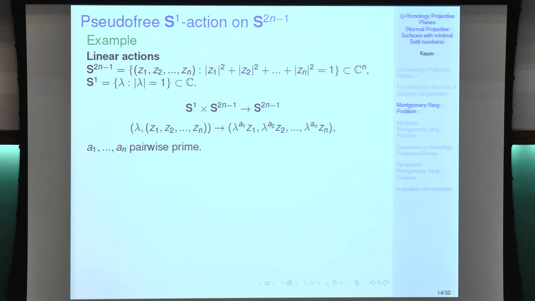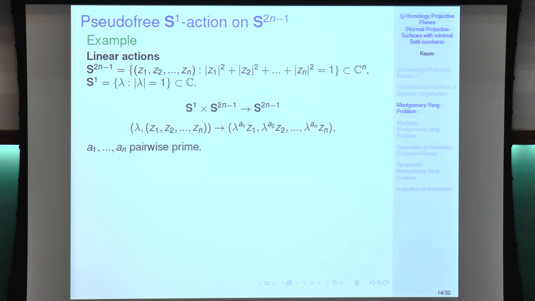And then you see each coordinate point, 1, 0, 0, 0, 0, goes to lambda to the A1 times (1, 0, 0, 0, 0). So as lambda rotates around the circle, this point rotates the circle A1 times. So this gives you an exceptional orbit.